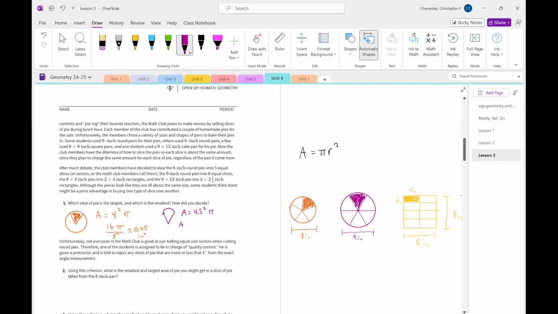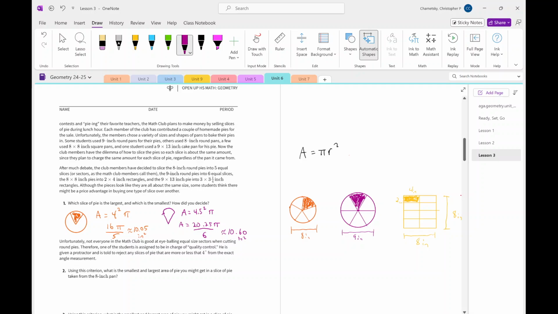So the area of the whole circle, the whole pie, is 20.25 pi, but we are dividing that into 6. So I'm going to go ahead and multiply that out on the calculator and see what that is. And I'm getting about 10.60 inches squared.